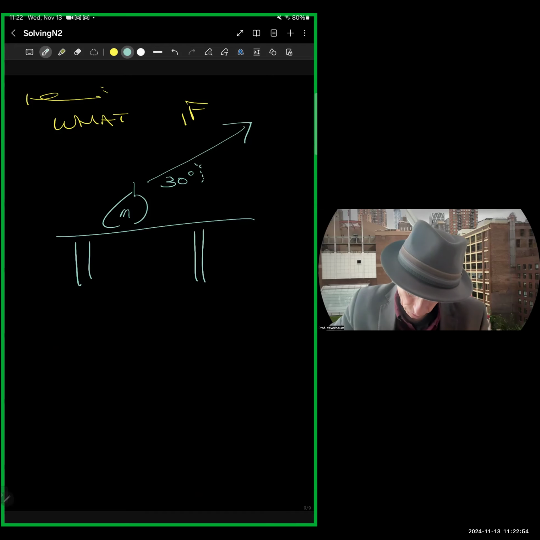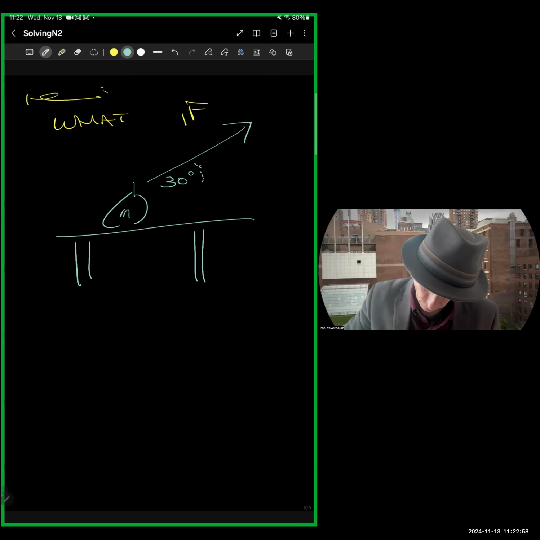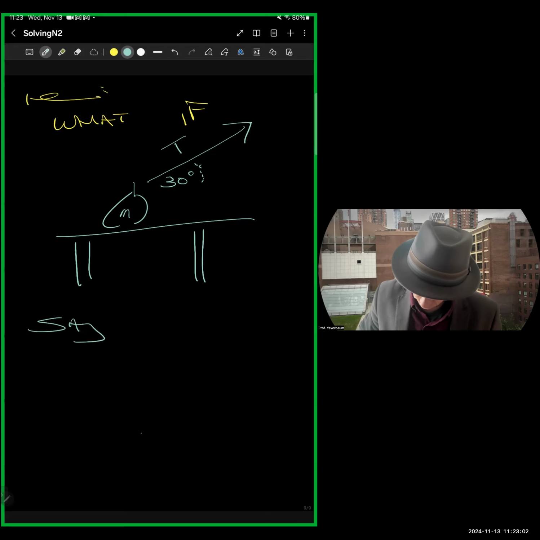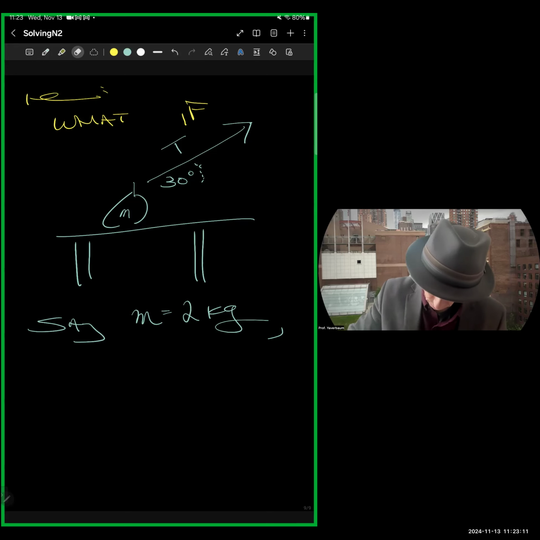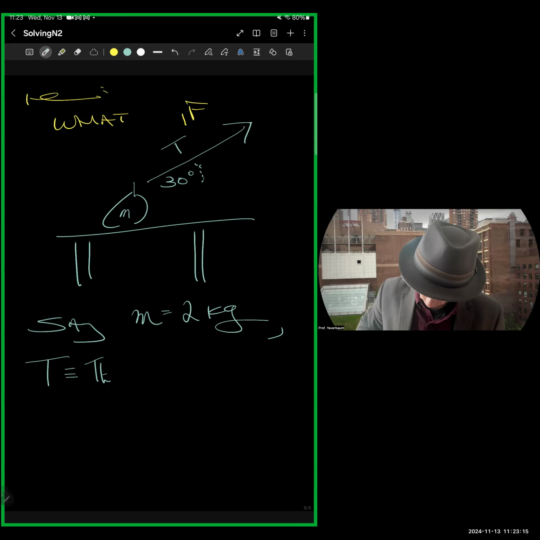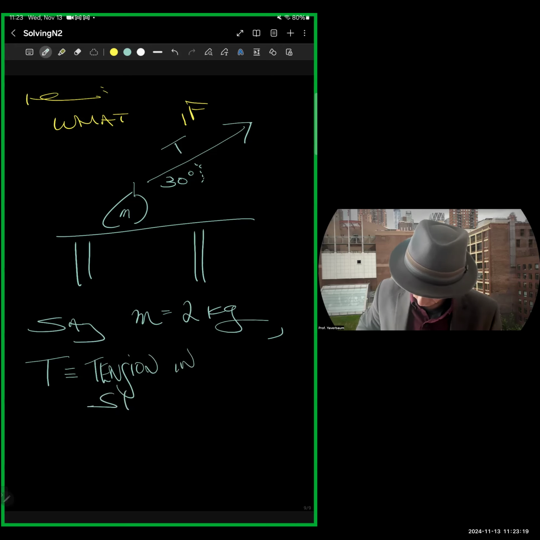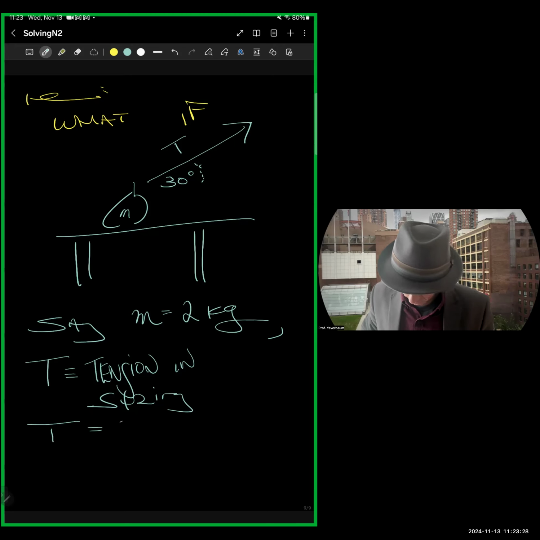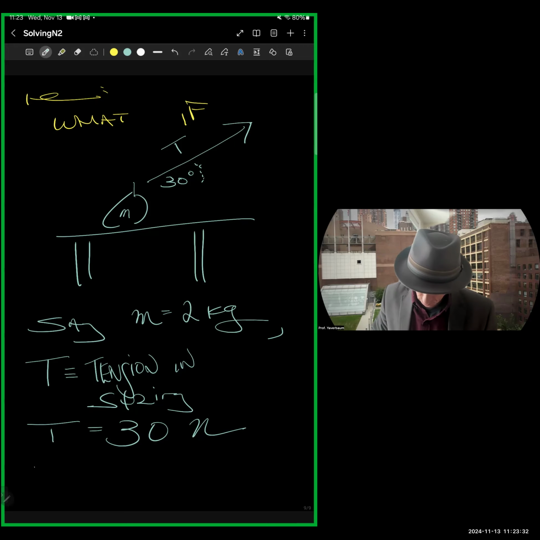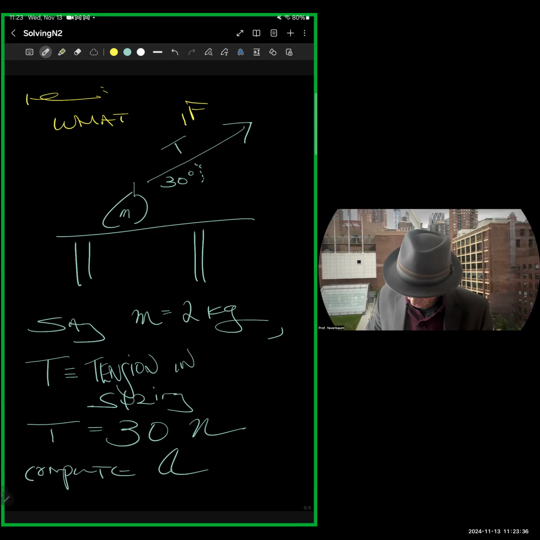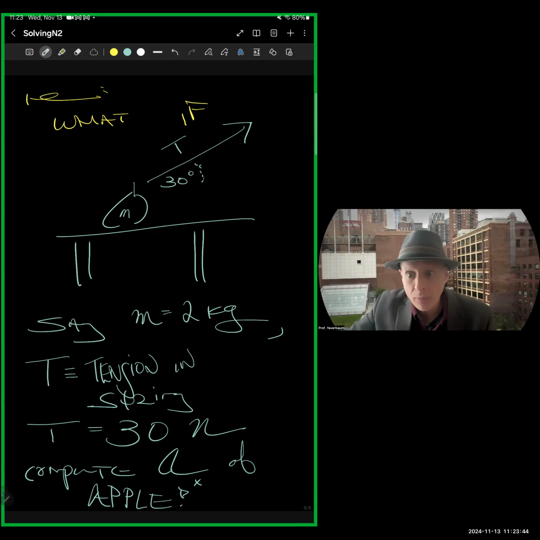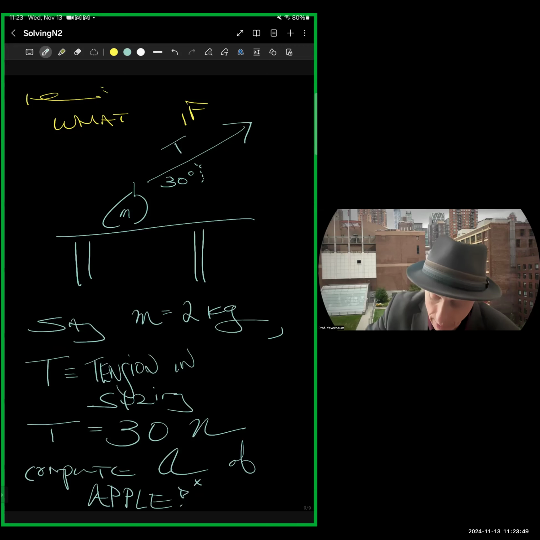Say we got someone pulling this apple with a string, and the string is at an angle of 30 degrees relative to the horizontal.